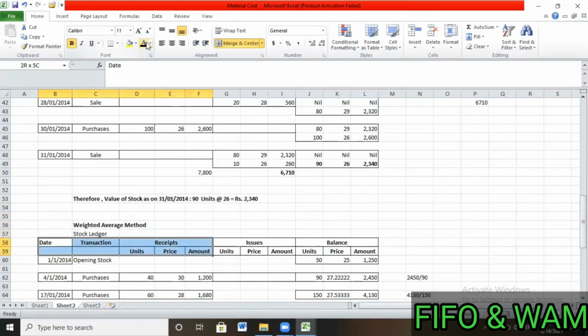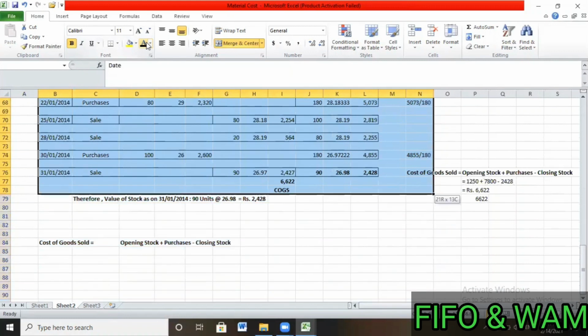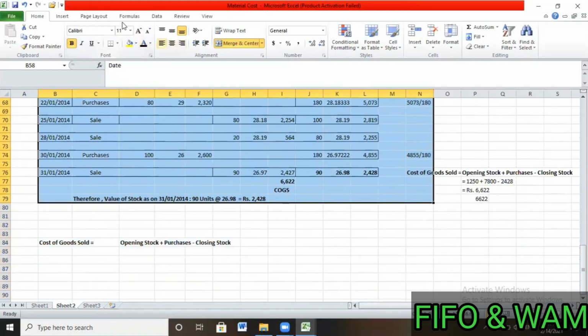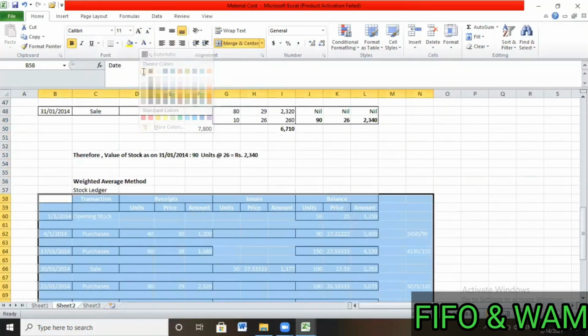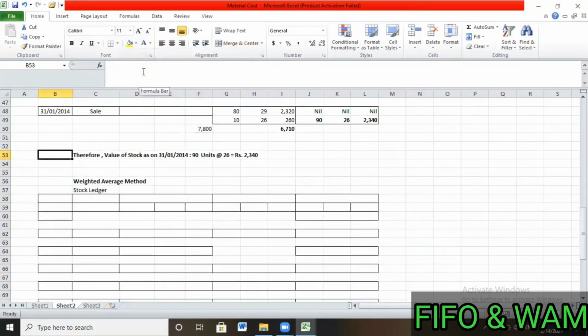So this was an example of computation of valuation of closing stock on the basis of the first in first out method. So the calculation of first in first out concludes that the value of stock on 31st January 2014 is 90 units at the rate of 26, amounting to rupees 2340.